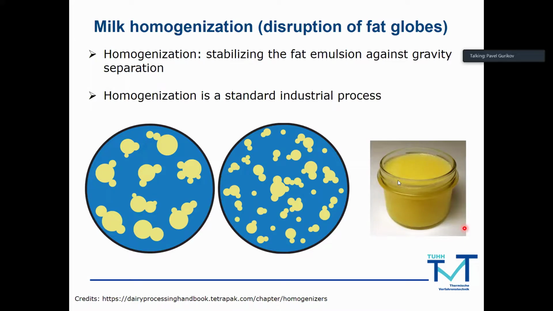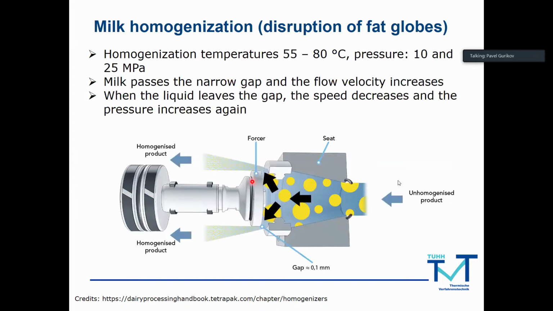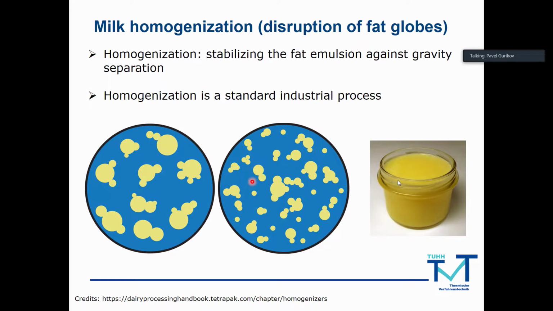So the challenge, if you're thinking about mass production, is to stabilize such fat within the liquid so it remains stable for a long time, not for a few days, but really for weeks and months. So how do we go about this? So we apply homogenization.